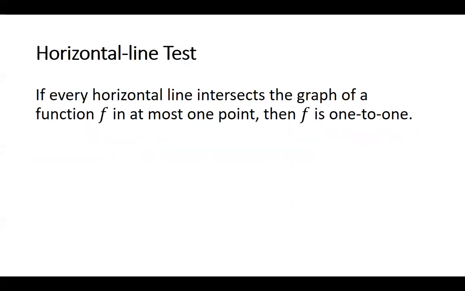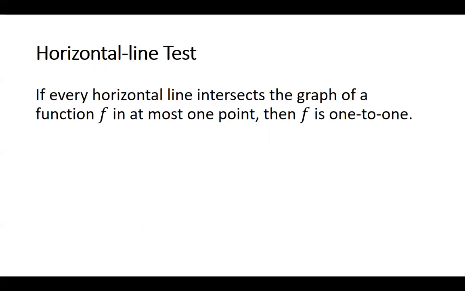Now, if you remember, when learning about functions to begin with, we said they had to pass the vertical line test. So if you drew a vertical line anywhere on the graph, it would touch the function at most one point. Well, since now we're one-to-one, we're saying that the things work in reverse, that there can only be one input for every possible output also.